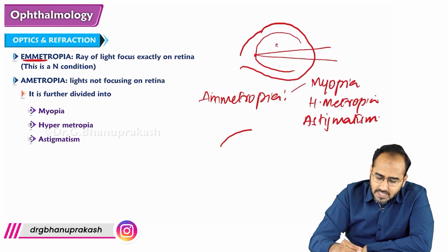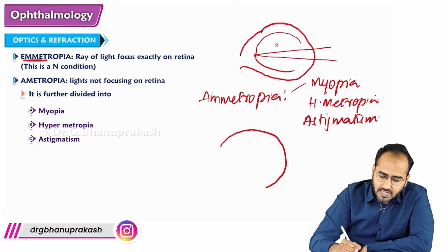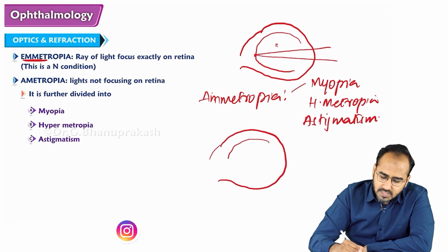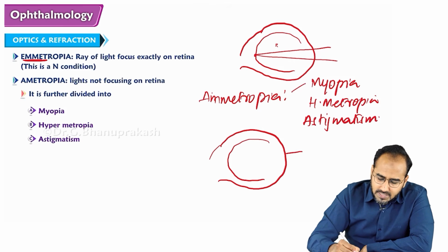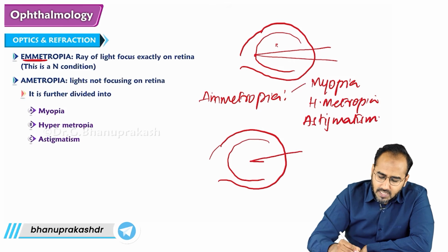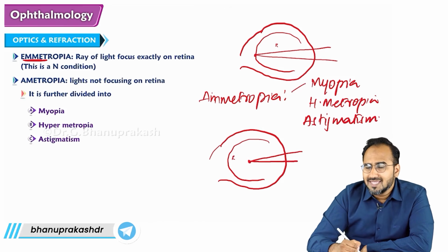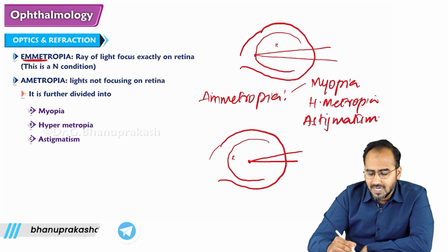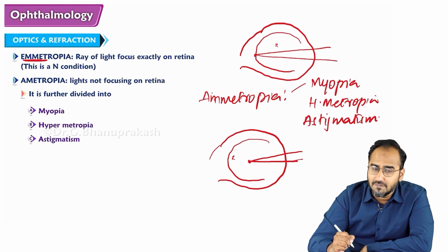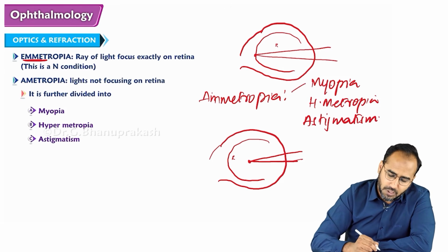Myopia meaning what, guys? Once again with the diagram we will remember that so that we can easily remember. This is the retina. Myopia means light rays traveling from infinity and focusing before the retina. This is the retina, right? Focusing in front of the retina is called myopia.